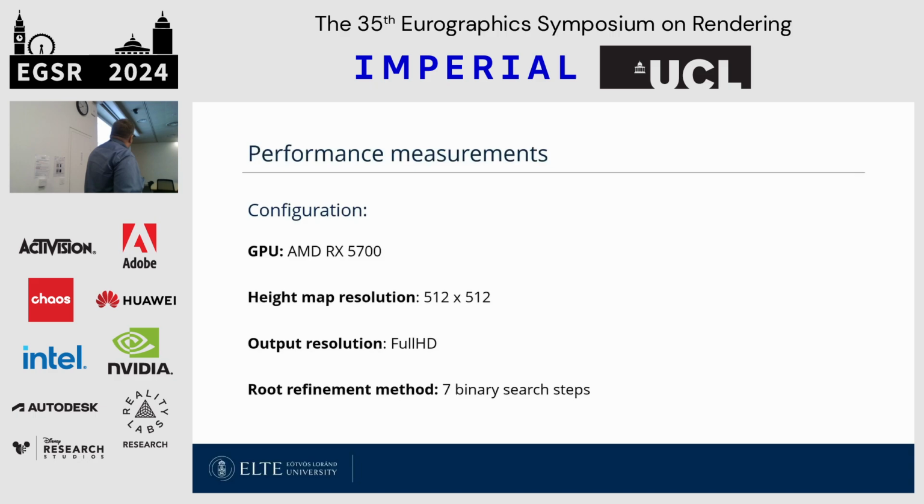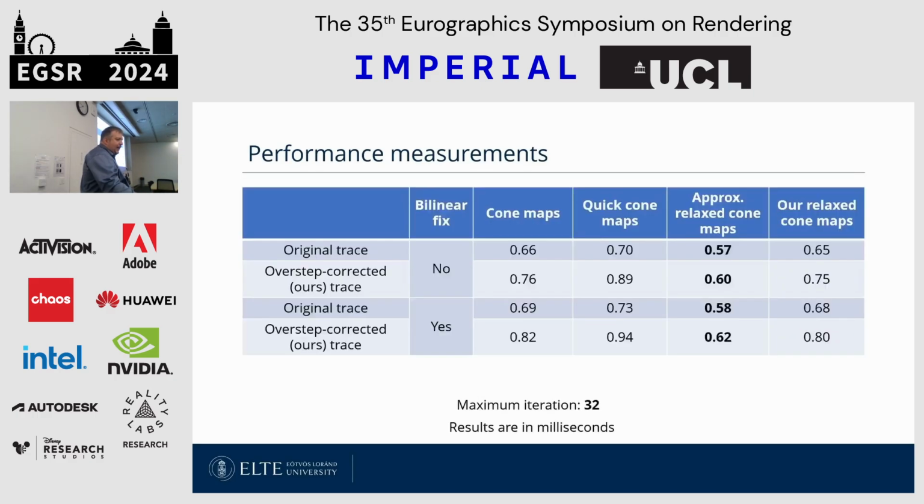We used a height map of resolution 512, and the output resolution was full HD. Root refinement was 7 binary search steps, and if we compare the results, the original trace and the overstep corrected trace were used for all scenarios, and sometimes we used the bilinear fix and sometimes we didn't.